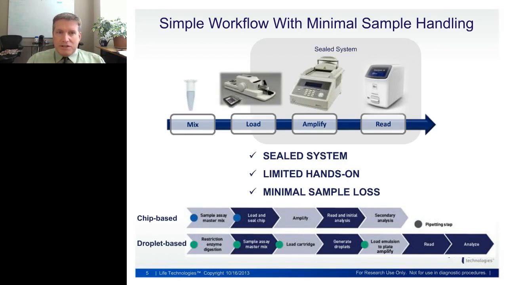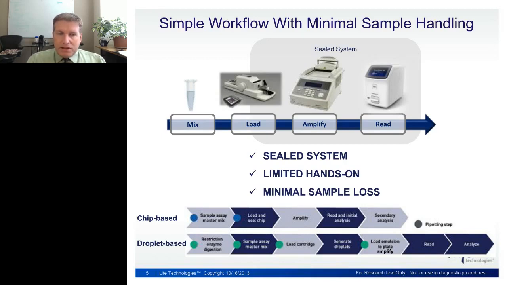I'll tell you that the system is completely sealed once you put the reactions on the chip. We'll see that that has implications in a second. There's very limited hands-on time necessary, and because it's sealed, there's minimal sample loss. As I said, Life Technologies decided to make a conscious choice to have a sealed chip instead of making droplets, as some of our competitors do.